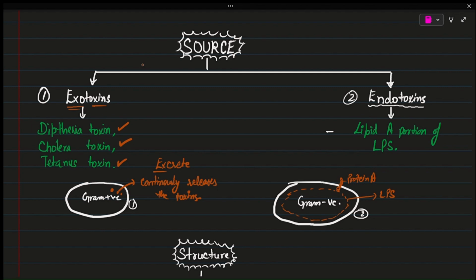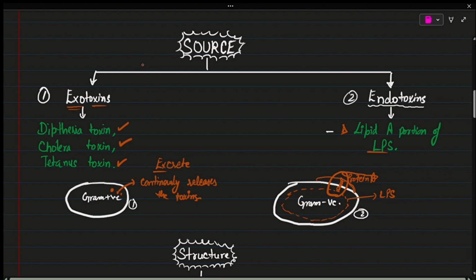Then, if we talk about endotoxin, the case of endotoxin is a little special, as I have written here: lipid A of lipopolysaccharide. Basically, this portion right here can act as endotoxin. Why am I saying that this is endotoxin? Because this endotoxin will be present inside the cell.